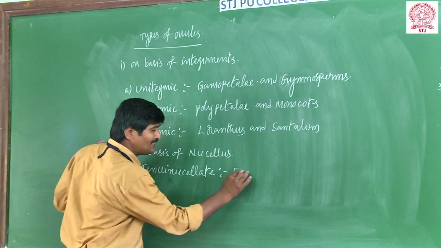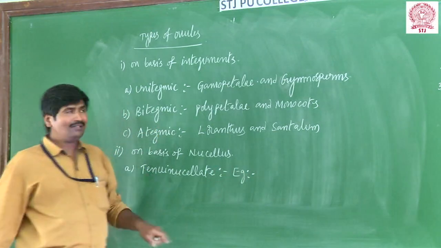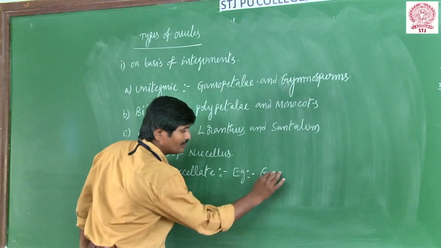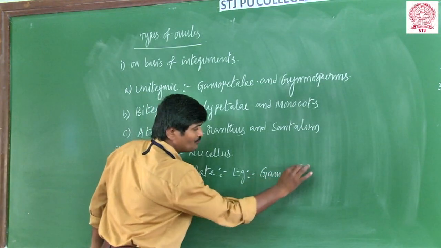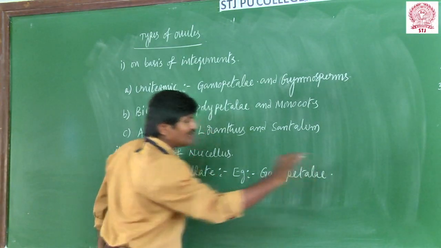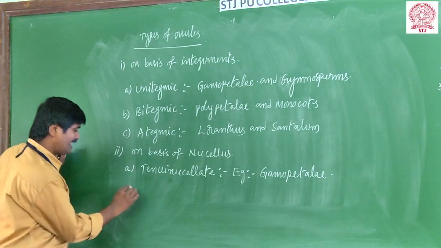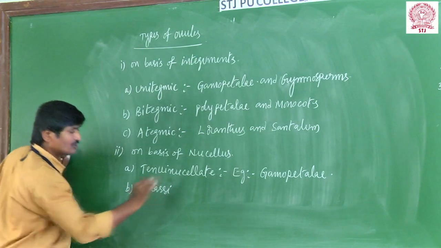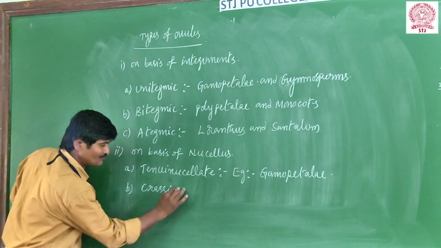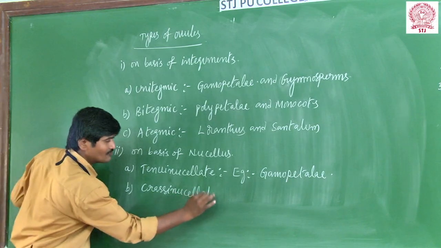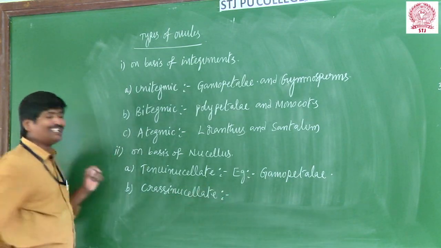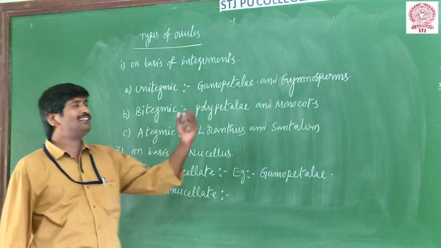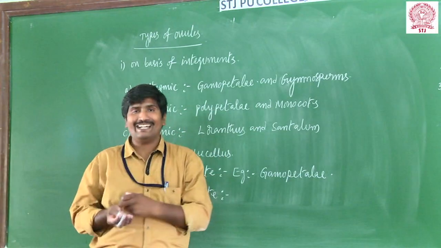What are the examples for tenucellate ovules? Gametophyte, the subclass of the dicots. Next one, crossing-nucellate. What is crossing-nucellate? It means the nucellus develops from many layers.